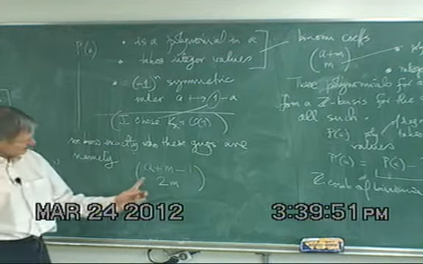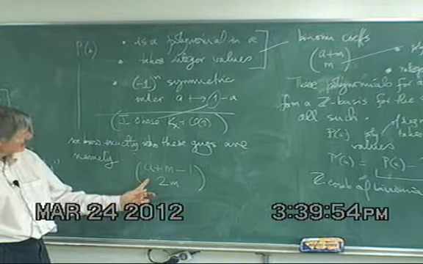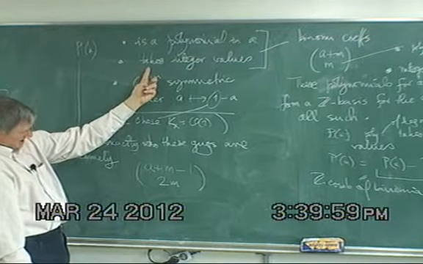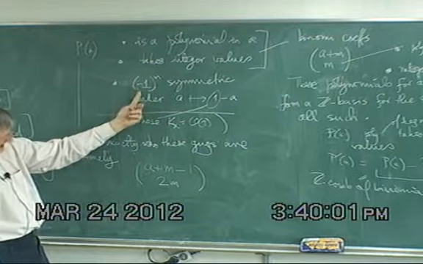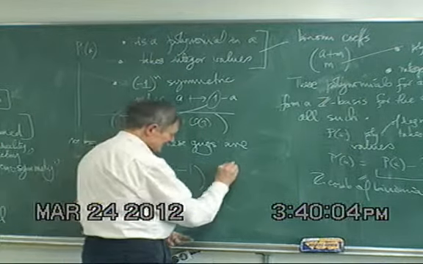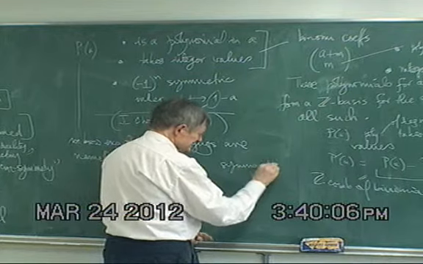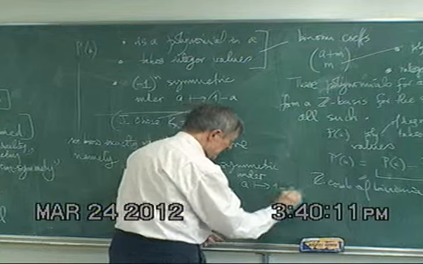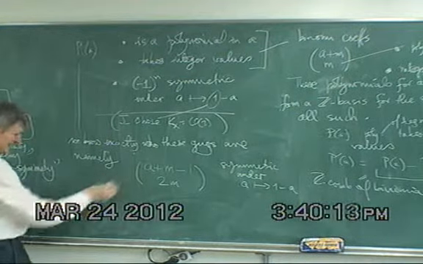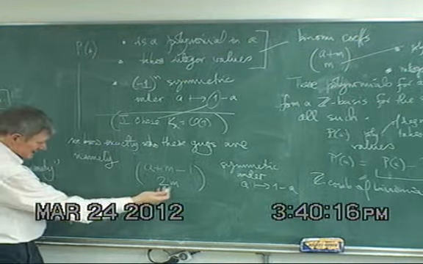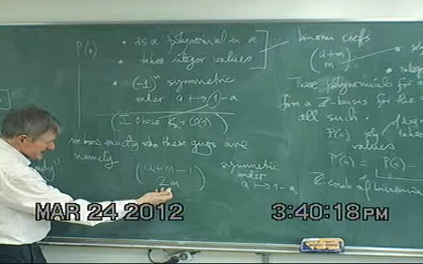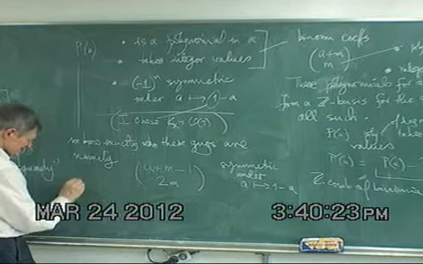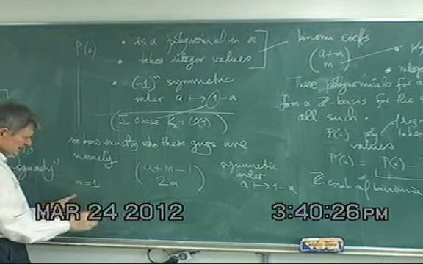If you think about this, then it's certainly a polynomial in A. It certainly takes only integer values, and it's symmetric under A goes to 1 minus A. Let's not be too adventurous. What happens when m is 0? This is the polynomial 1. So let's do m equals 1.